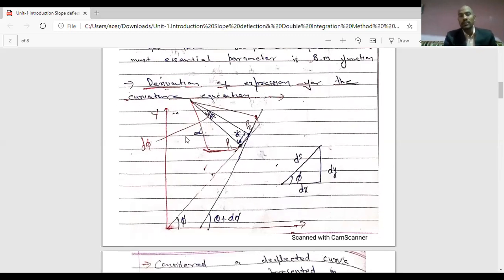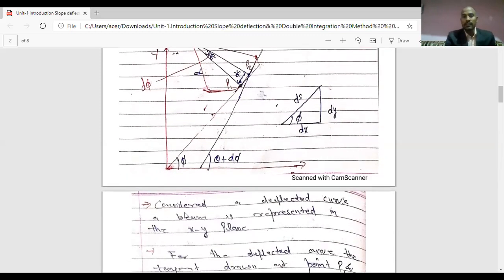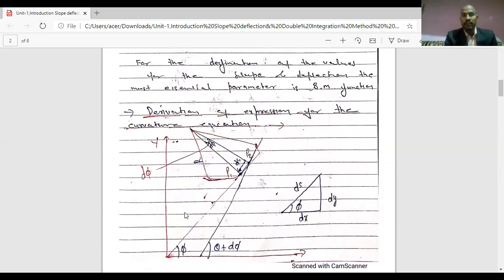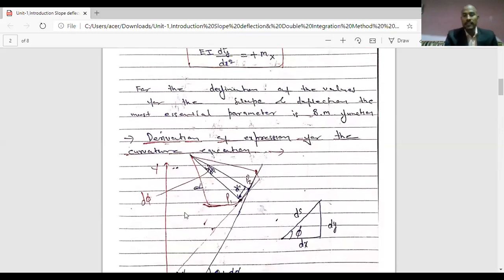The derivation of this equation is not an important part from the exam point of view. If you study more, you can derive it by these derivations. You can easily understand, right? If some student wants to learn how we derive it, they can easily learn from this derivation.